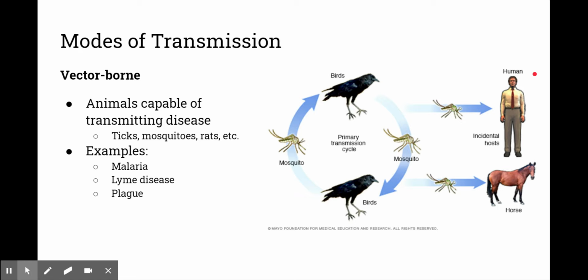Lyme disease is transmitted from an animal host or animal reservoir to a susceptible human through the bite of a tick. So, malaria, Lyme disease, plague, these are all examples of vector borne diseases. COVID-19 is not a vector borne disease. So, don't worry about that.